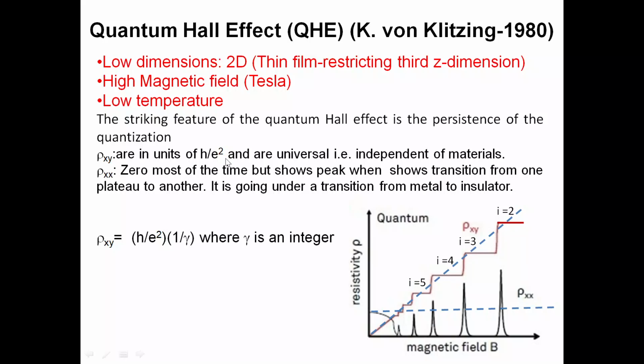So h is the Planck constant and e is the electronic charge. These constants are universal. So that means the value of transverse resistivity is universal, independent of material. Because 1, 2, 3 are just integers, they are integral multiples of h by e square. So they are independent of material, and independent of the shape and size of the sample. That is the most striking feature of this effect.